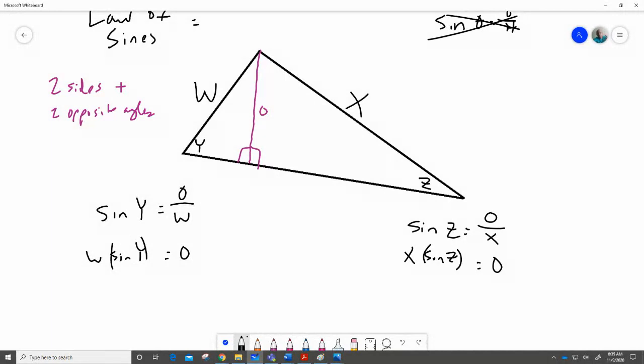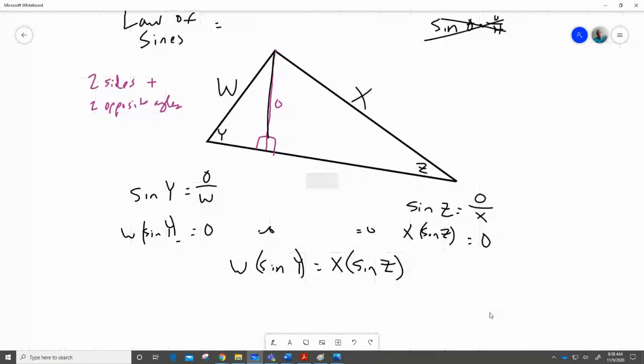Well, this O is the same in both. So if W times sine of Y equals O and X times sine of Z equals O, both of those equal each other.